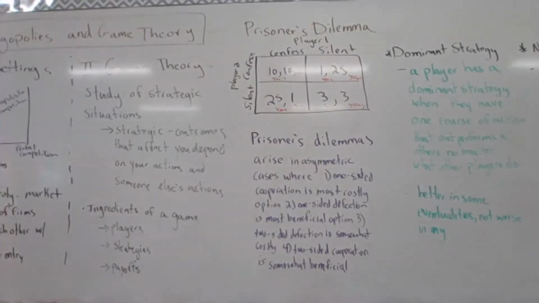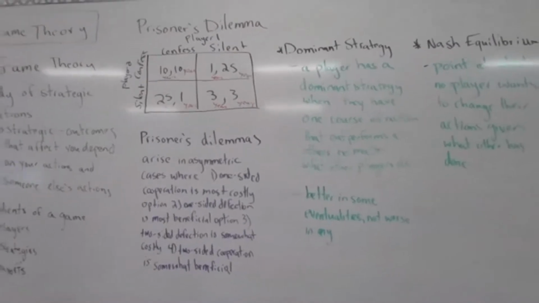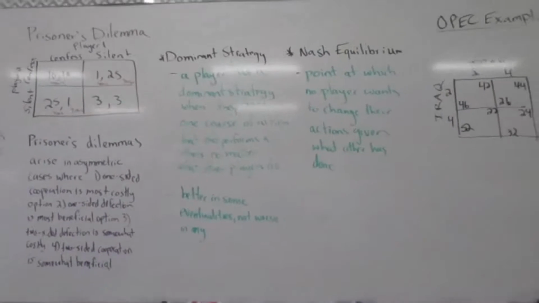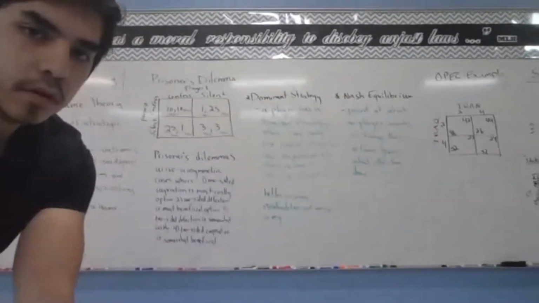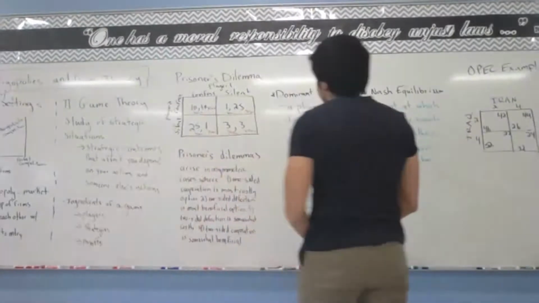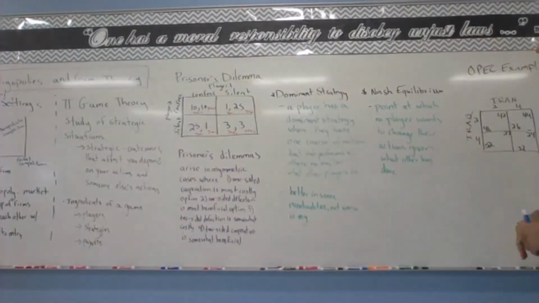And to predict what's going to happen in this sort of prisoner's dilemma, we can use this vocabulary of dominant strategy and Nash equilibrium. A player has a dominant strategy when they have one course of action that outperforms all others no matter what other players do.